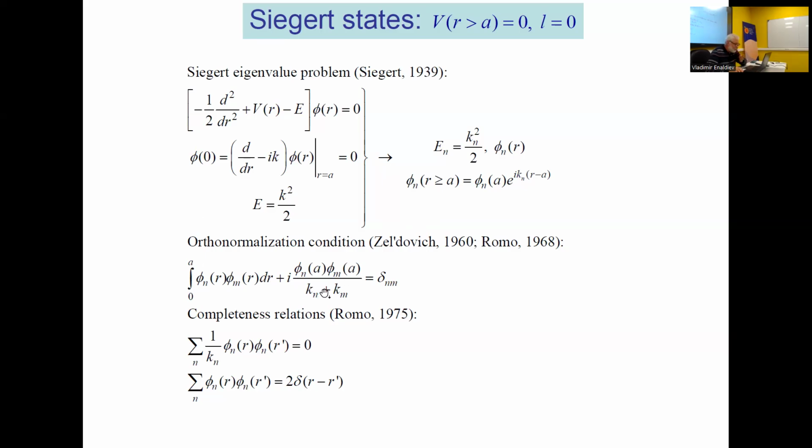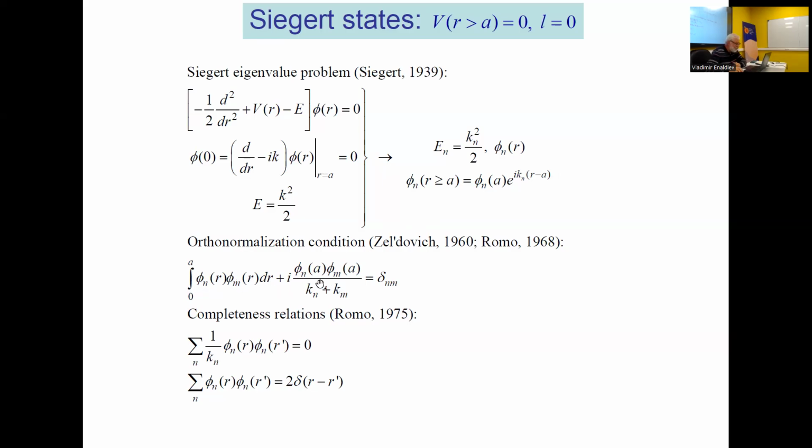The point here is that you cannot obtain this term staying on the real R axis, even though the function is known analytically, and this integral can be calculated analytically, but the function diverges at infinity. So you have to rotate, and then as R goes to infinity, this limit does not contribute, and this term comes from R equal A.